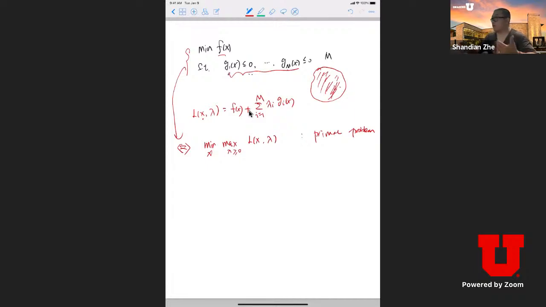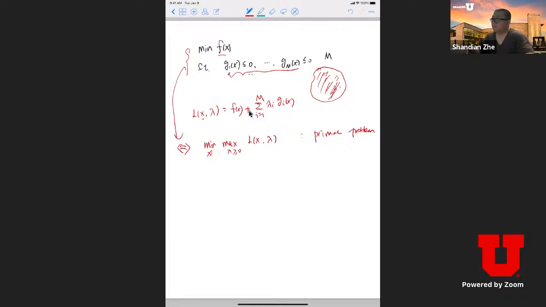And we showed why this equivalence is correct, based on simple reasons. It's a good insight, but not hard to understand. Hopefully after class you will review those slides and understand them, because it's very fundamental in optimization theory. So this is called the primal problem.